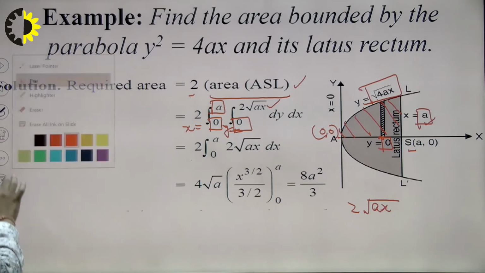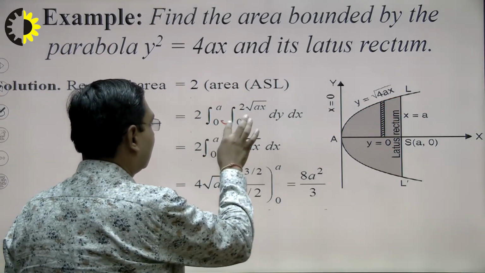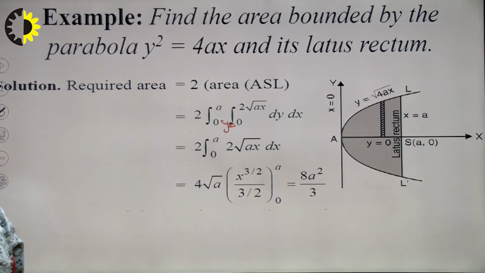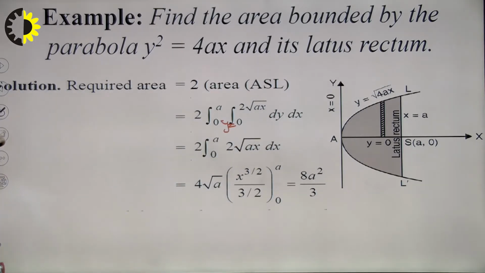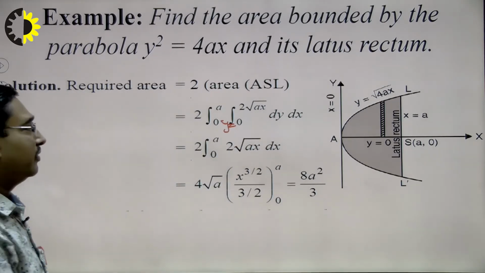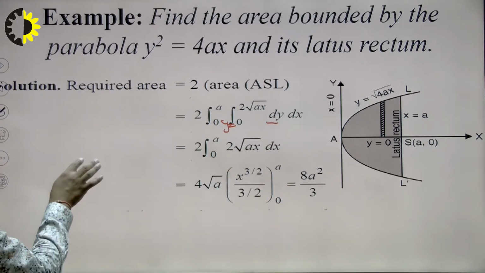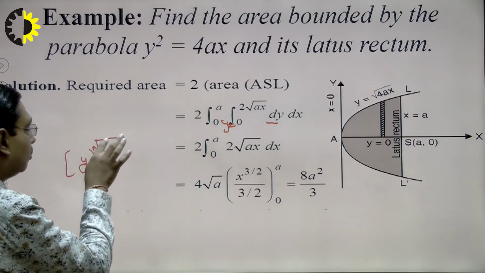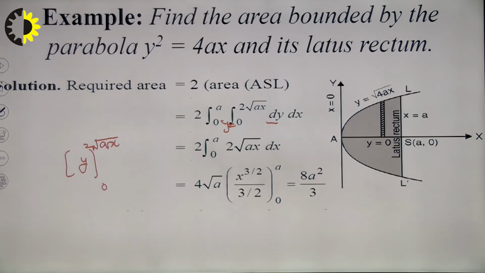Now, we evaluate the integral. These are limits of y written inside variable limits. So, we shall integrate it with respect to y first. When we integrate with respect to y, this dy will become y and limits from 0 to root ax will be applied.